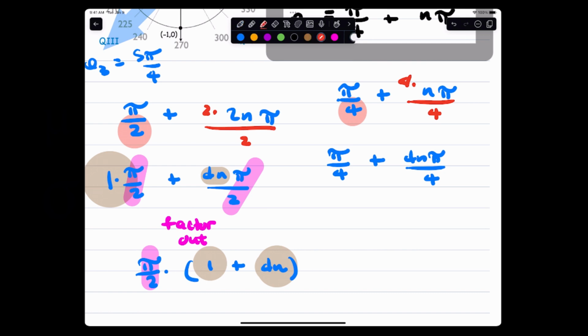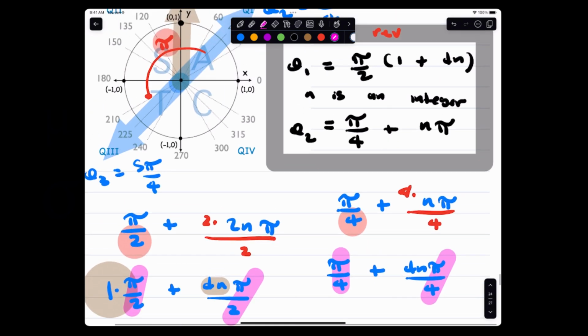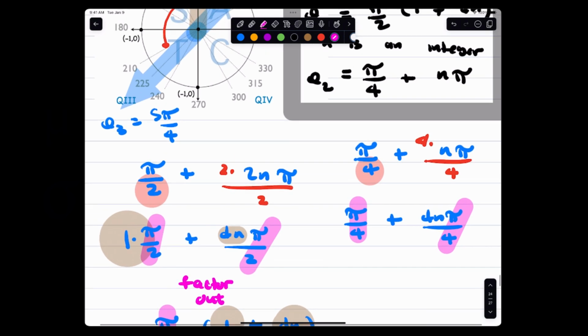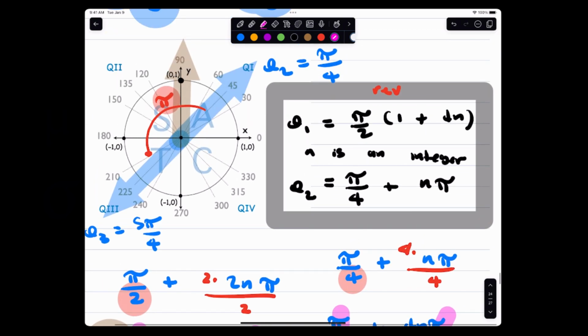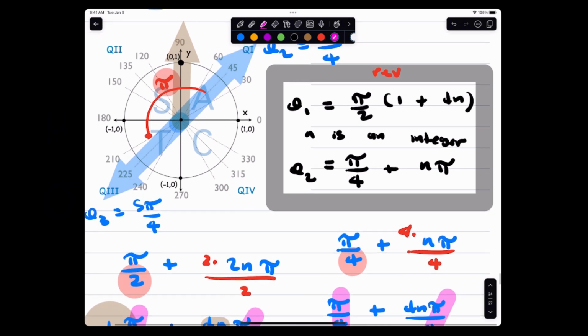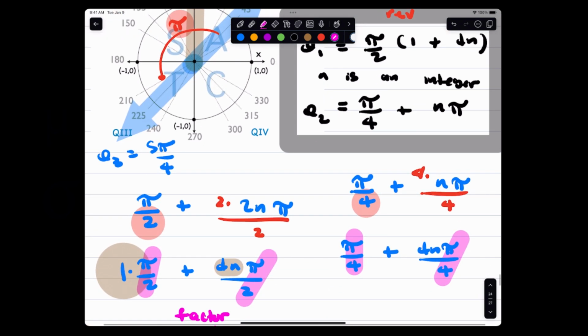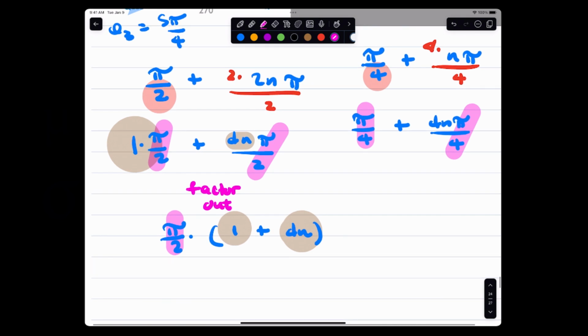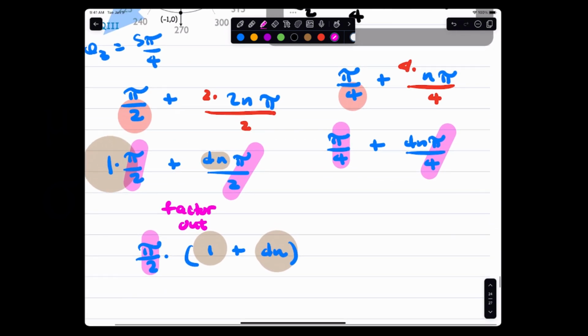So you're going to make sure now you factor out the pi over 4, is that right? Okay, something's right, everything's okay.